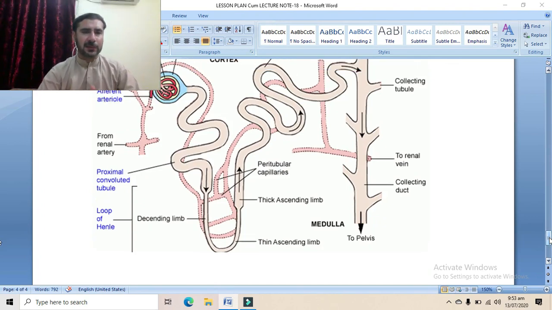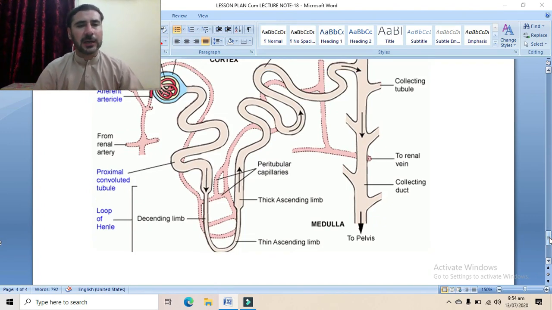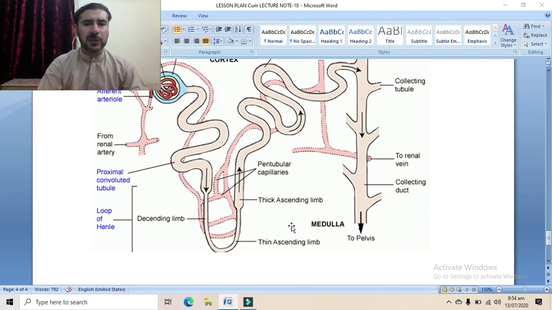What is this system basically? First, you people have to understand the countercurrent. Countercurrent is basically the flow of material from both sides in opposite direction through the use of energy. This process basically takes place inside this loop of Henle.